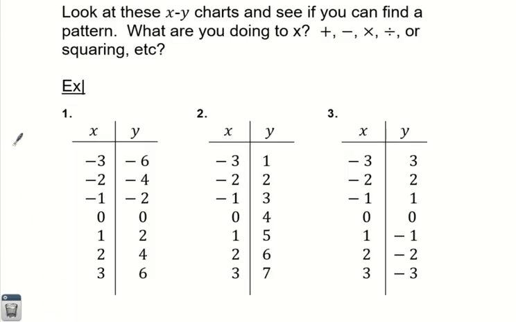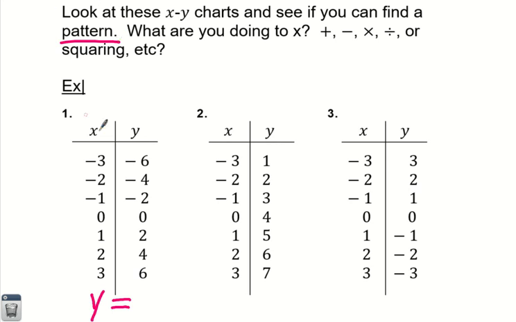Now for the rest of these notes in this video, we're going to go in reverse and take a table that's already been filled out and see if we can come up with the equation that would correspond with this table, based on a pattern.